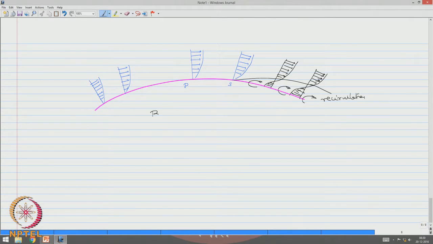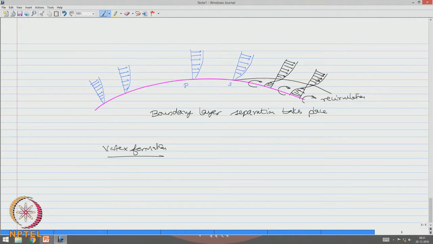So, boundary layer separation takes place, and the pressure distribution shows there is a clear separation. So, this may result in what is called vortex formation.